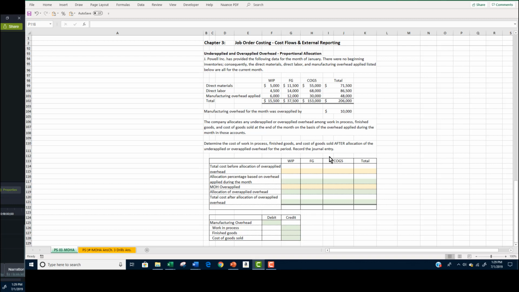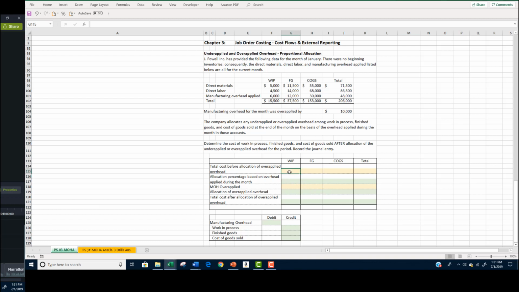Problems like this are best solved by developing a schedule. Our schedule includes columns for work in process, finished goods, cost of goods sold, and the total amount for the three accounts. Our first step is to bring down the total unadjusted balances for the three accounts.